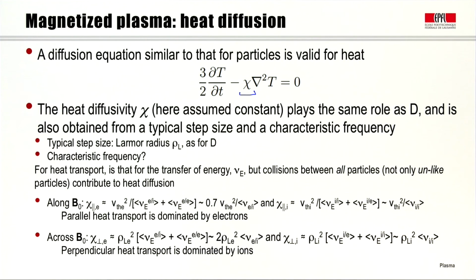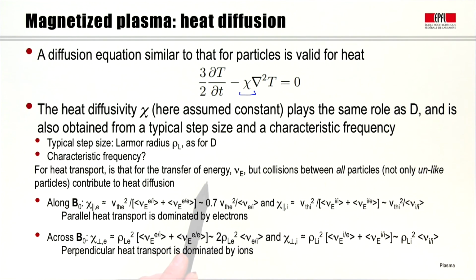Chi has the same characteristics as D, and can also be obtained from identifying a typical step size and the characteristic frequency, or typical collision time. We have said that the typical step size is the Larmor radius, just like for D. What is the characteristic frequency? Well, it will be the frequency of Coulomb collisions, like in the previous case, but for heat transport, it will be that for the transfer of energy as opposed to that for the transfer of momentum.